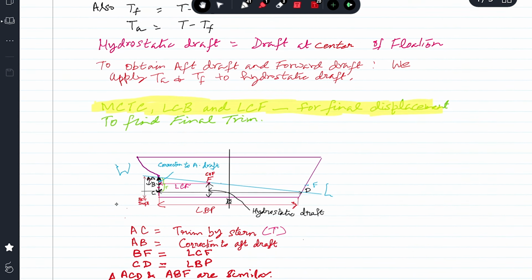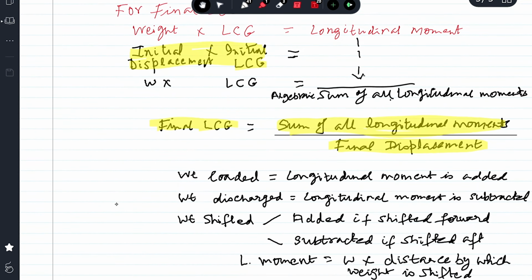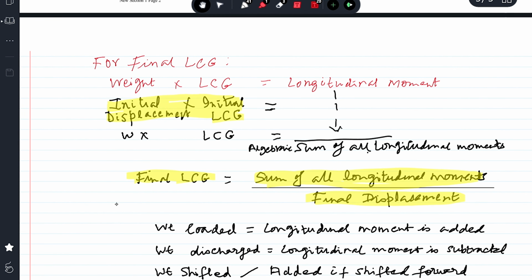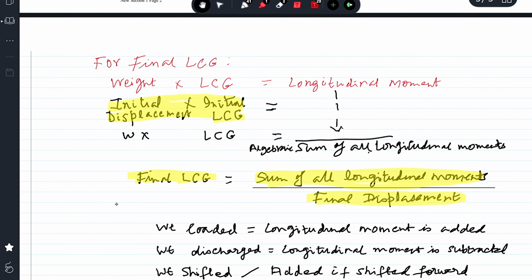If the initial LCG cannot be obtained otherwise, it will have to be found like that and then used here, multiplied by initial displacement to get the longitudinal moment and find the final LCG. That final LCG will be used in the trim formula for getting the final trim and final drafts.